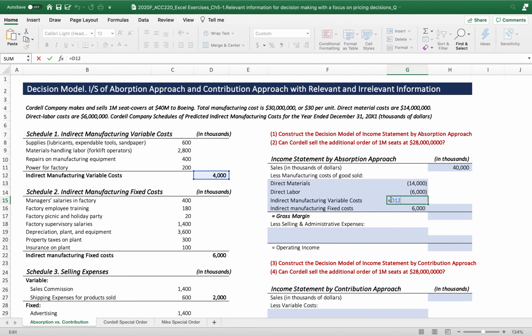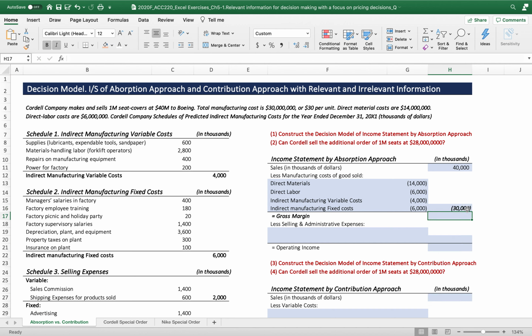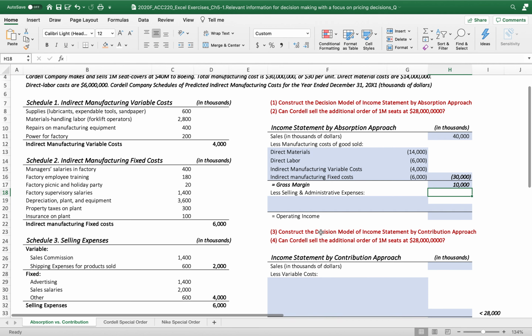So I'm going to change all these numbers to negative. Let's sum up all the manufacturing cost: $30,000. Gross margin is the sales minus the manufacturing cost, so 10,000 is the gross margin.